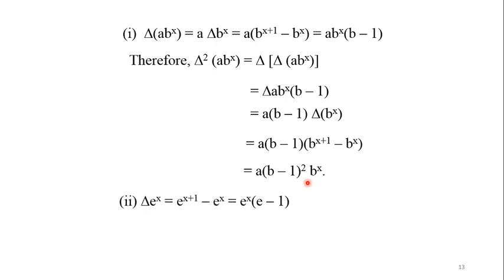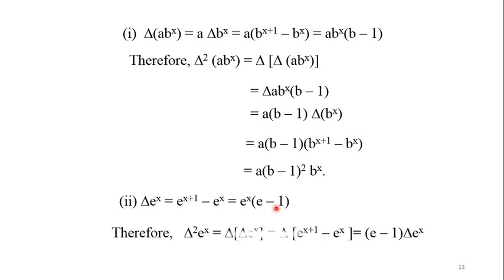Now go for the next example, e raised to x. Applying it over this, e raised to x plus 1 minus e raised to x, taking e raised to x common, gives e minus 1. So this is the value the first time. When you repeat the second time, you will get e minus 1 whole square e raised to x.